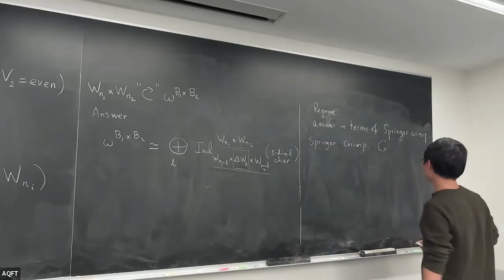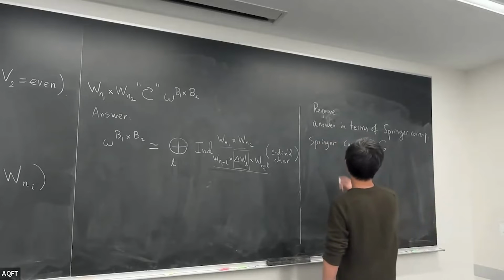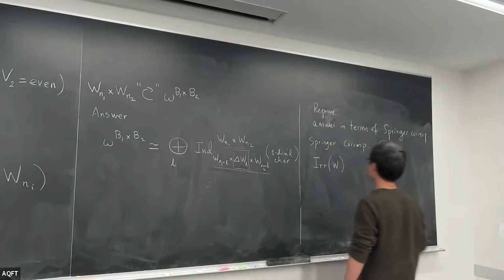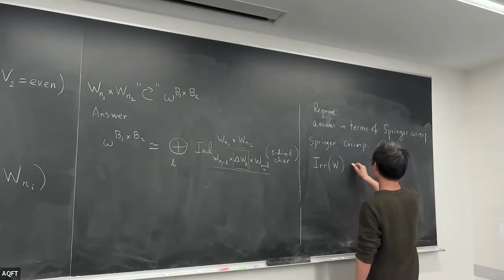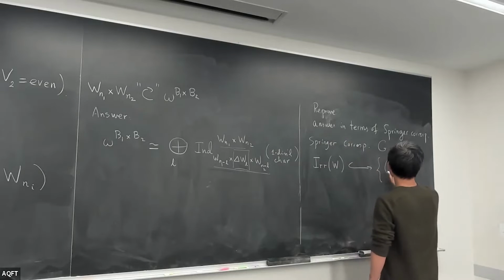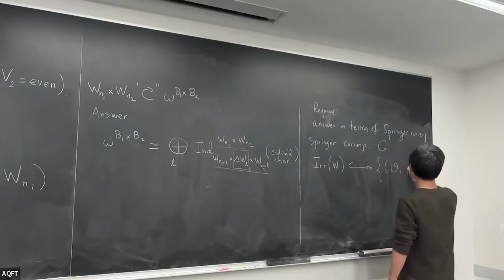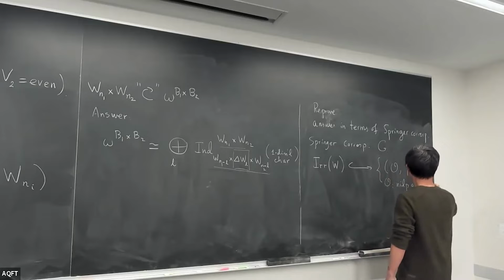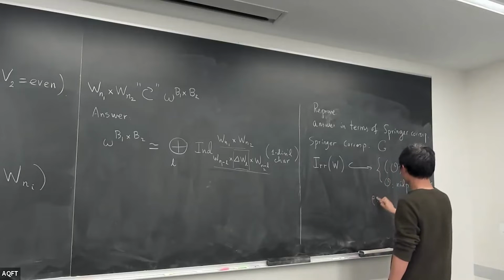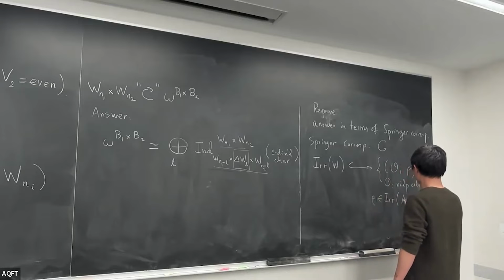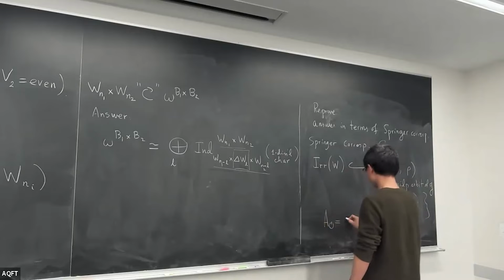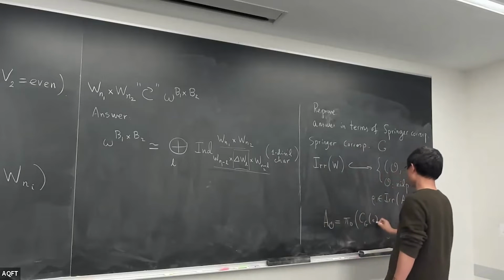For any connected reductive group G, there's an injection from irreducible representations of the Weyl group into pairs O and rho, where O is a nilpotent orbit and rho is an irreducible representation of A of O. So A of O is the pi 0 of the centralizer of an element in this orbit.